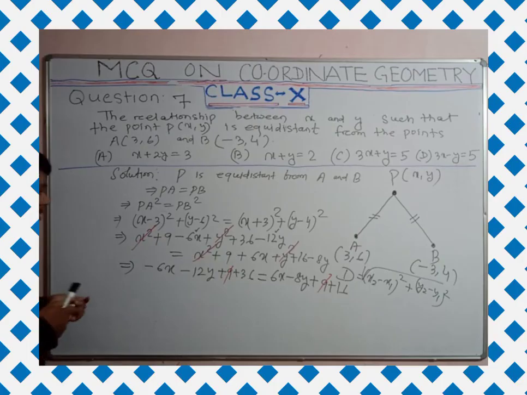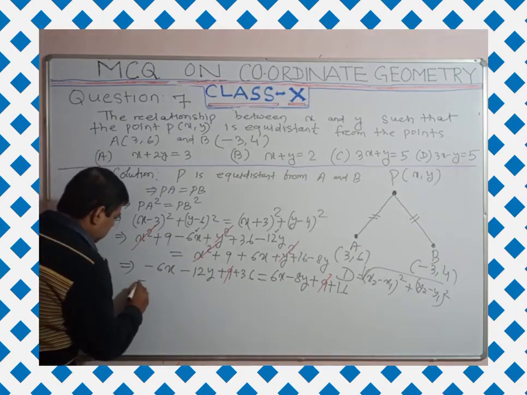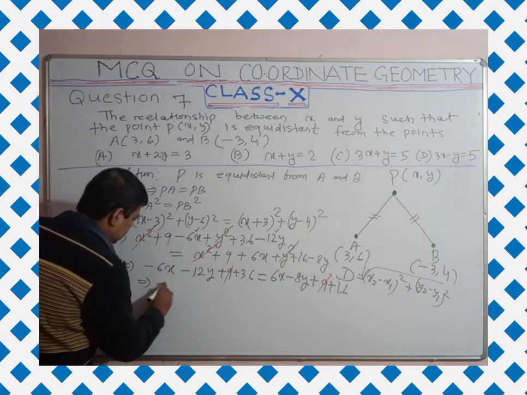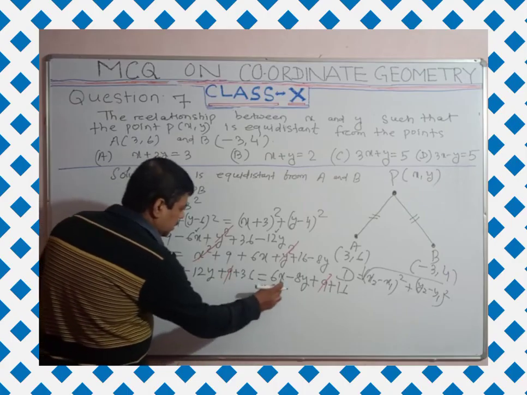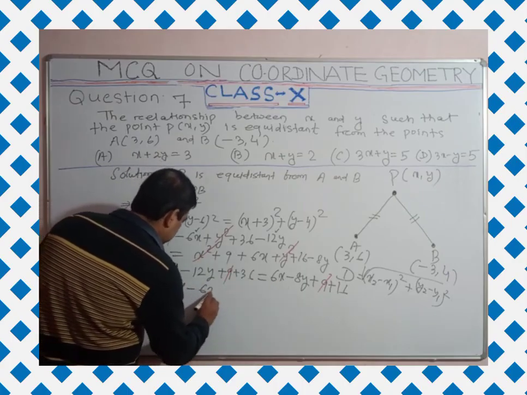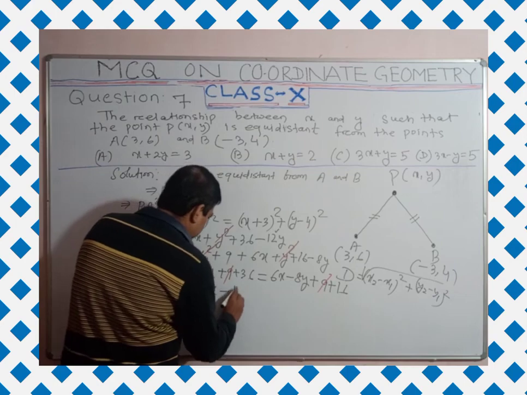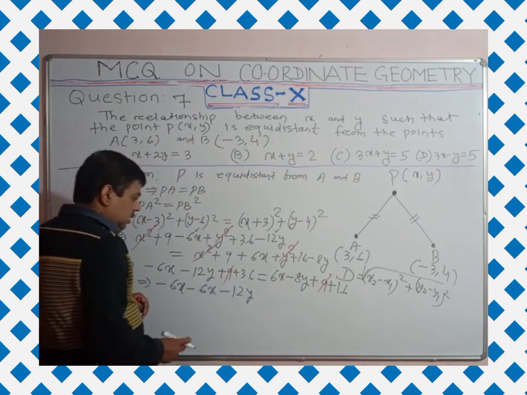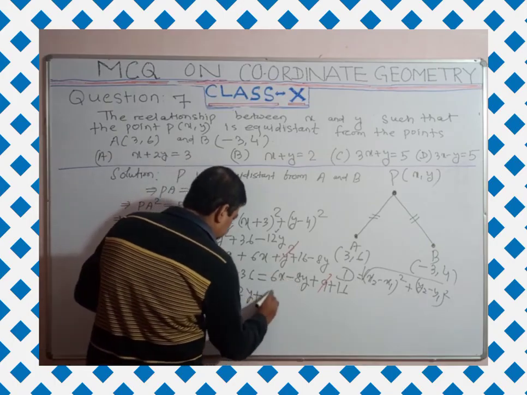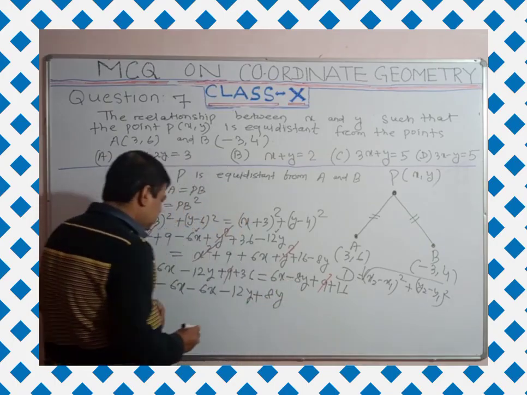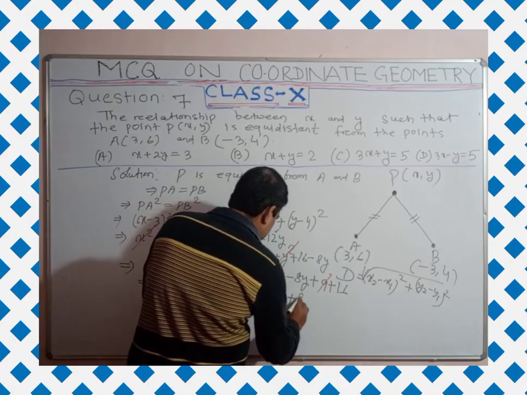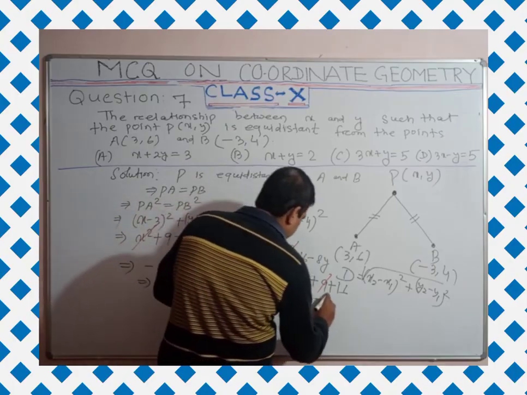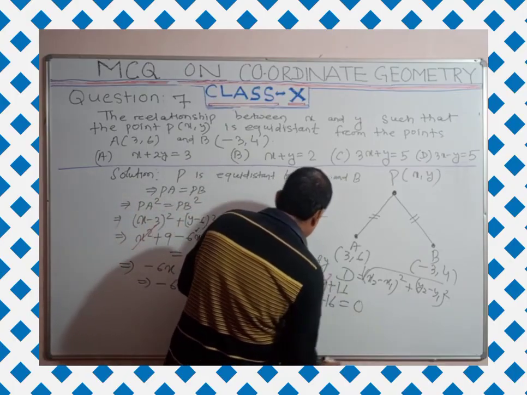Understand? Okay. So it will be minus 6x, and here this plus 6x will be minus 6x. Minus 12y. And the minus 8y will be plus 8y. Yes or no? Then plus 36, and plus 16 will be minus 16, is equal to 0. Yes or no?